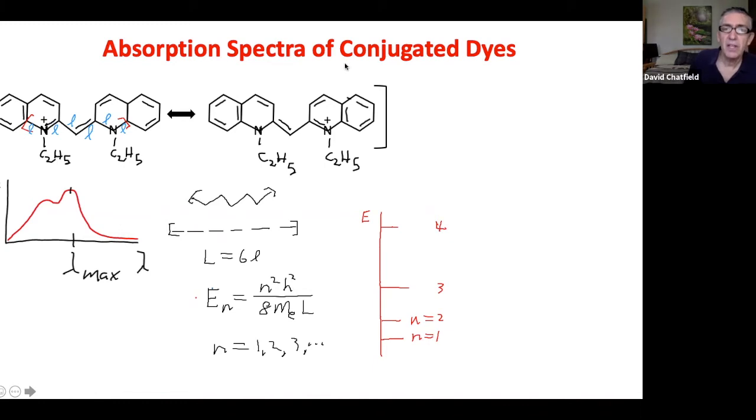Now, the lowest energy possible will be for the ground state. And by ground state, if we haven't talked about it, that's always the lowest energy state, the lowest total energy.